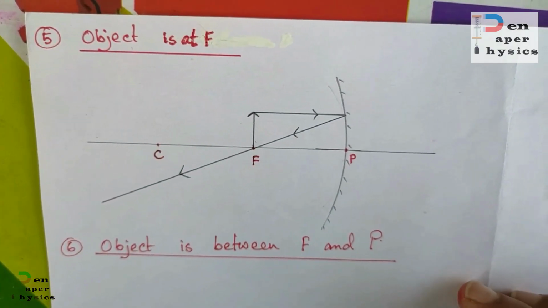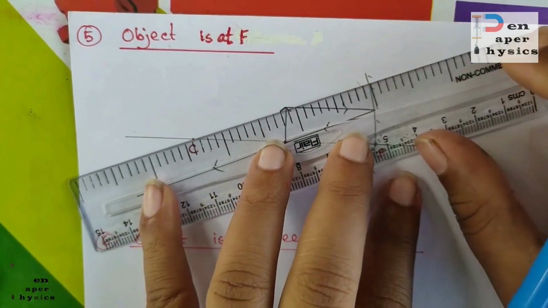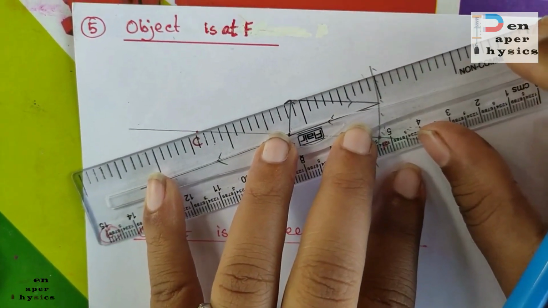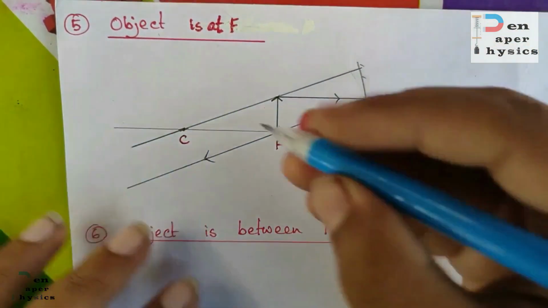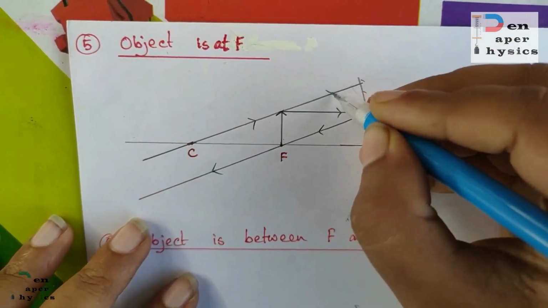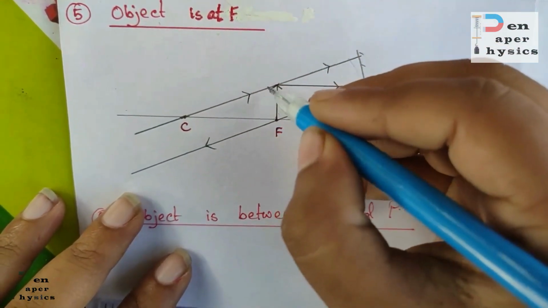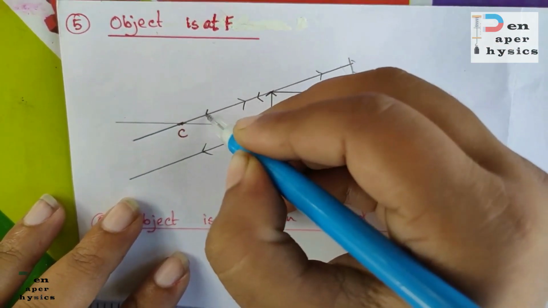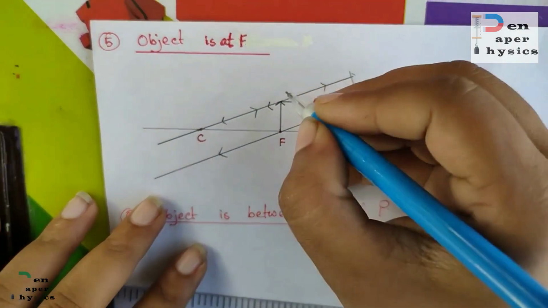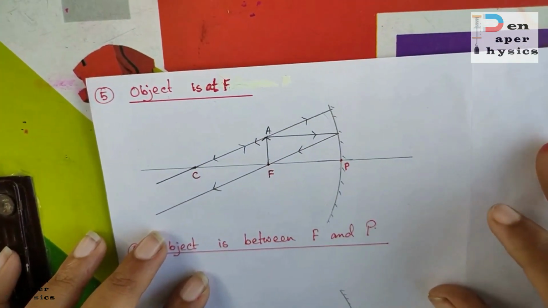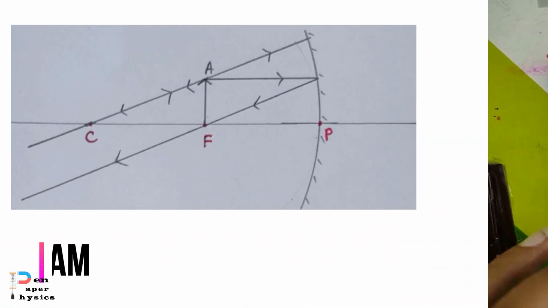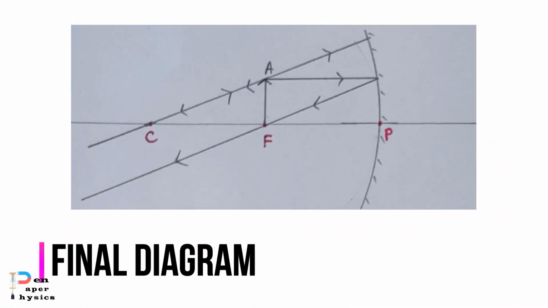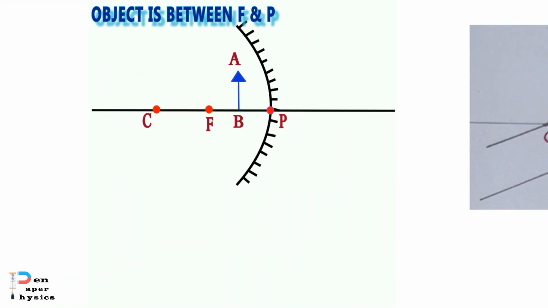Then I'll join the tip of the object and the point C and extend it till the mirror. But in this ray, we will give both side arrows, as the light is going through the same path and reflecting back also in the same path. So here is your final diagram. But make sure when you complete the diagram, the reflected rays should be parallel to each other.